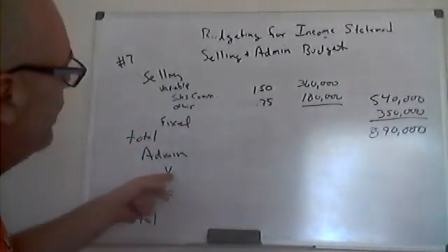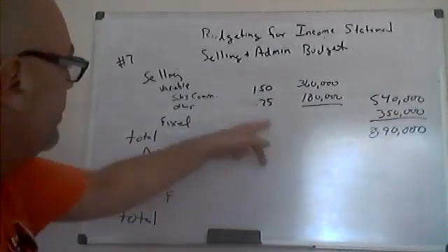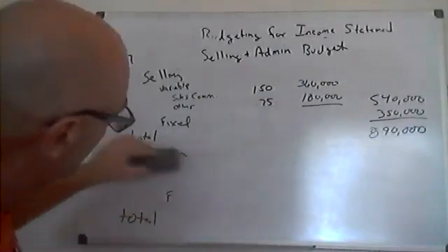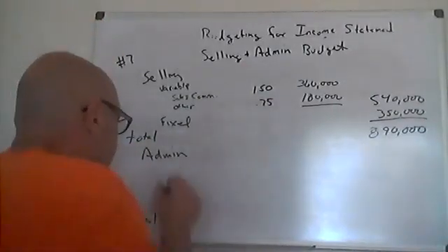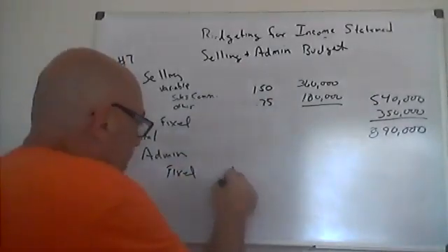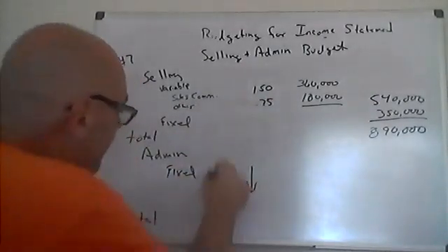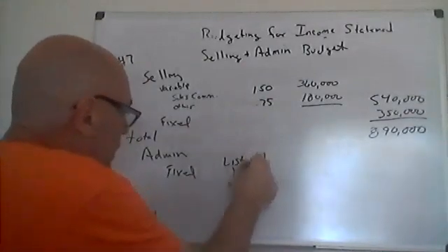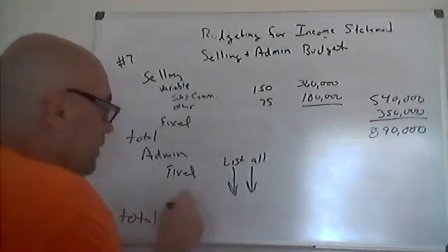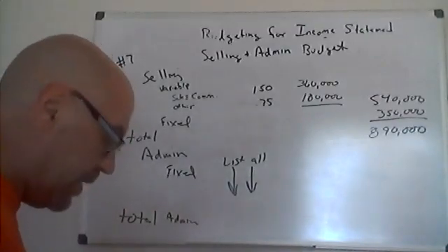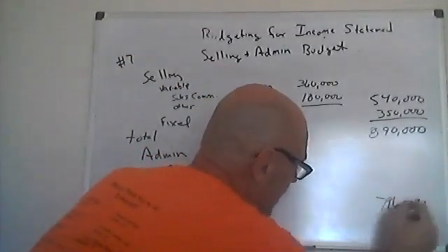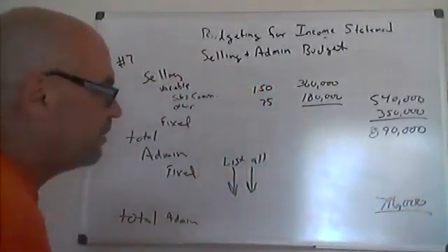And our problem here, if we had variable administrative expenses, we would do the same thing. Our problem does not give us any variable. It says administrative is only fixed. Just as in the other ones, you would need to list them all, okay? You want to list all of them to get a total admin. And when we do that, the problem on the board gives us 796 as a total admin cost.